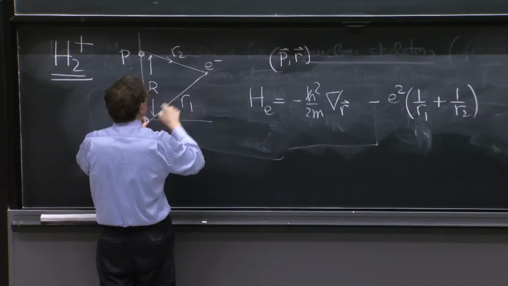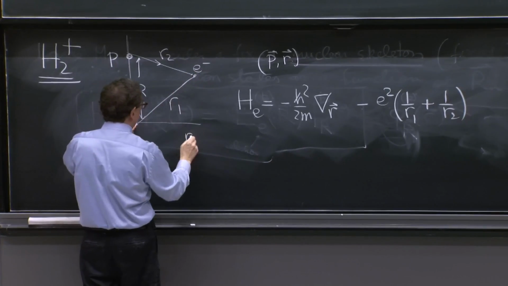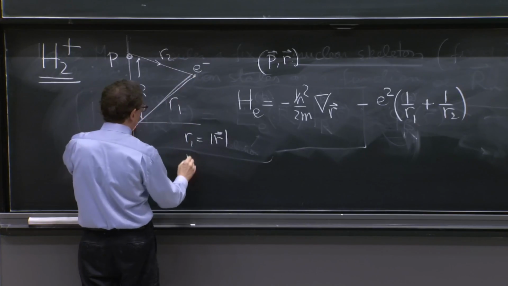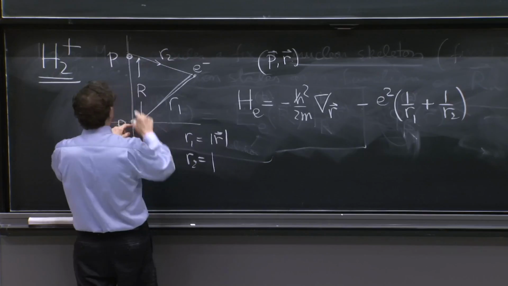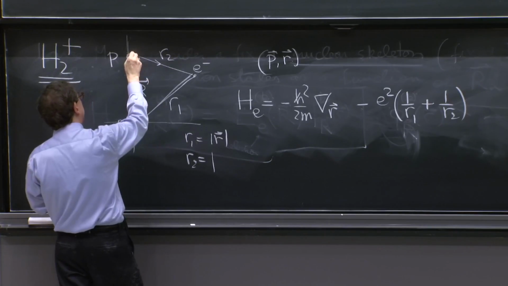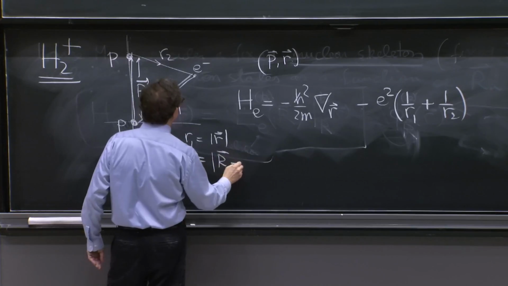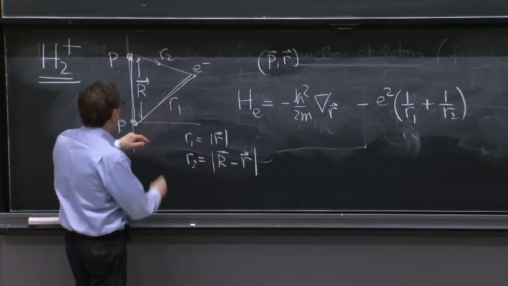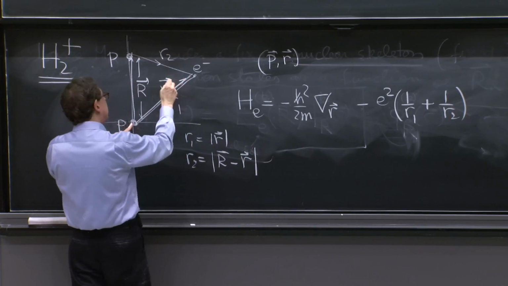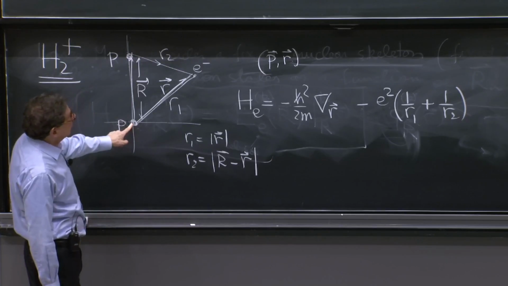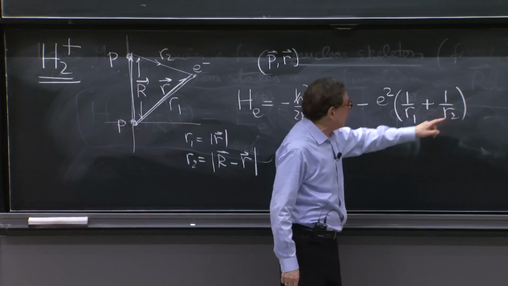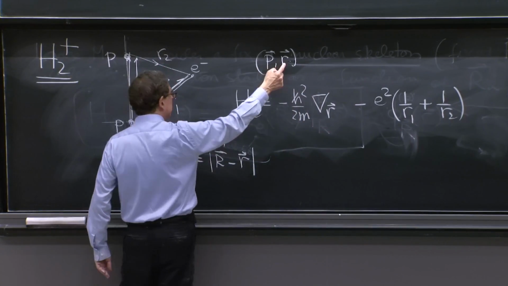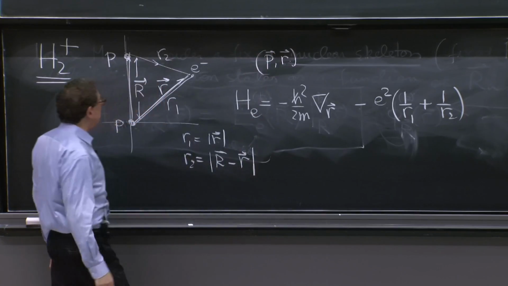R1 is really the length of R, the position of the electron, and R2 is the length of capital R, if we wish, all the way here, minus R. R is the vector here as well. So there's R1 and R2, but it's not two electrons or two variables. It's just two distances that depend on the single position of the electron, and this is the momentum operator of the electron.